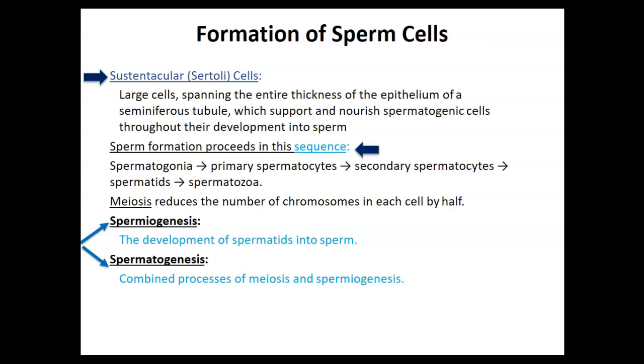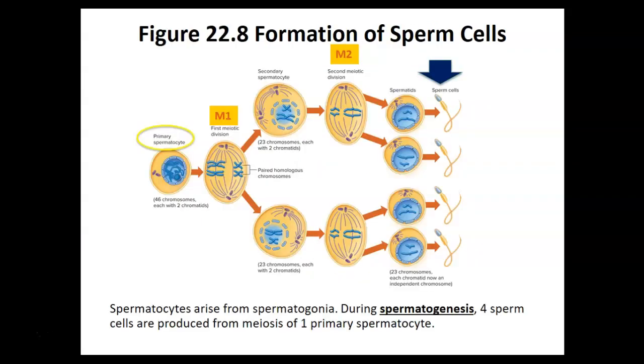So there are two terms that you definitely need to know the difference between: spermiogenesis and spermatogenesis. Spermiogenesis is the development of spermatids into fully mature sperm, and spermatogenesis is the combined process of meiosis and spermiogenesis. So spermatogenesis is basically the all-encompassing big umbrella of everything.